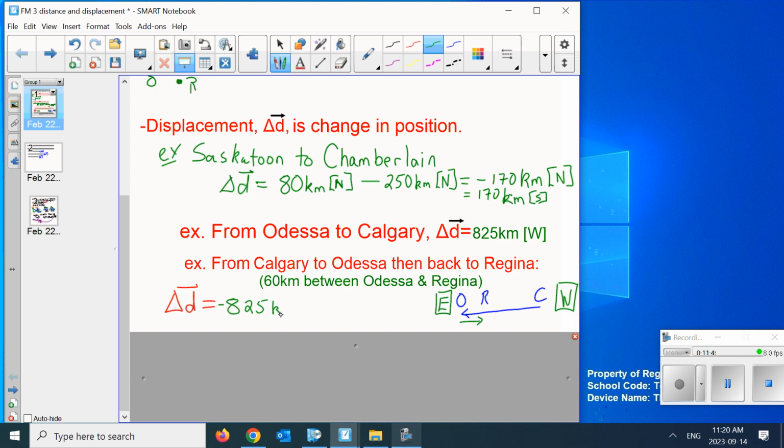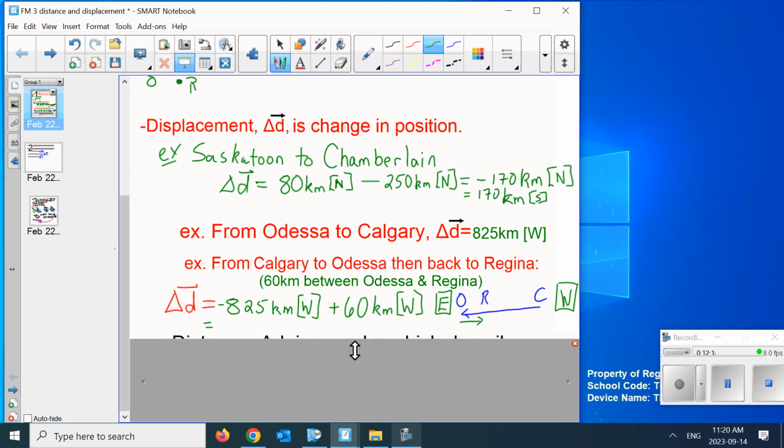I did that one in blue. 825 kilometers negative west. Plus, and this will stay positive, the 60 kilometers west, which is going to come out to the east, but it's going to be negative west.